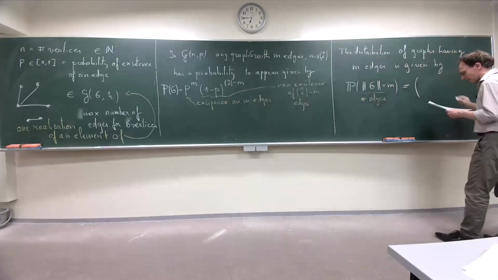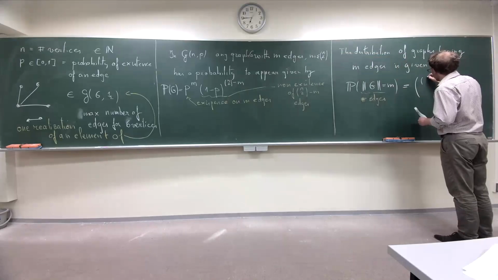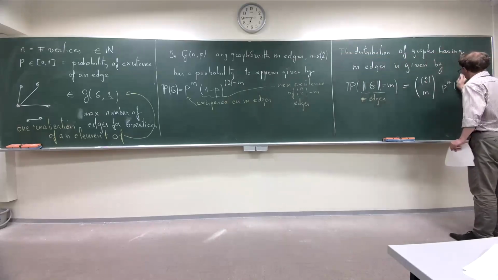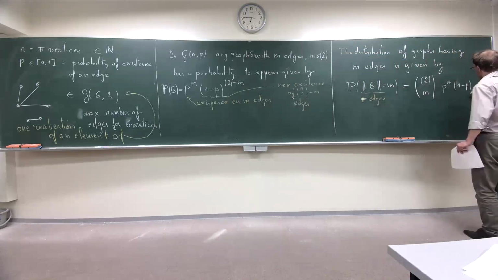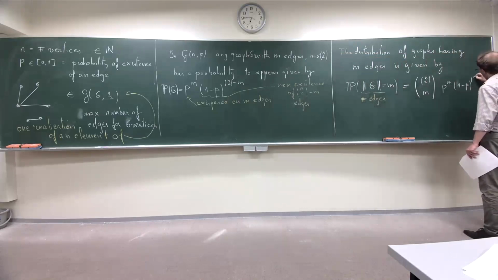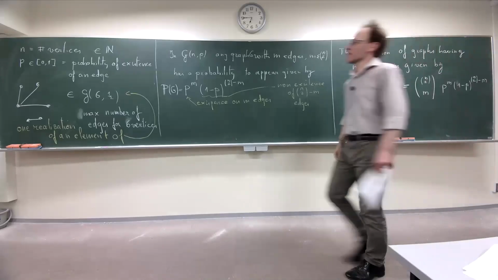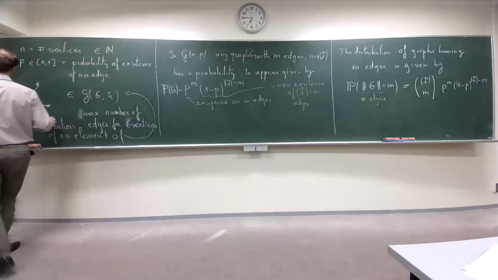It's not this number, be careful, you need to add a coefficient. It's n choose 2 over m, and then p to the m, (1 minus p) to the n choose 2 minus m. Where does this come from? Remember, it's combinatorics.